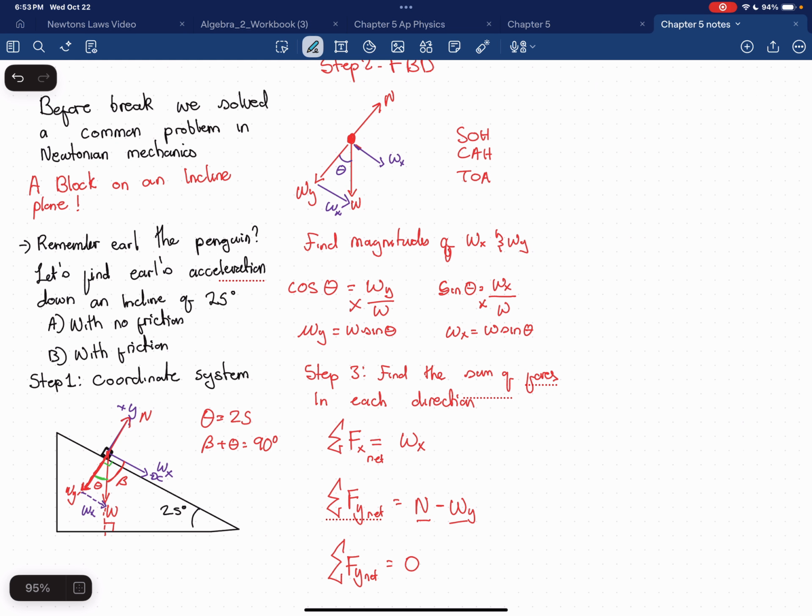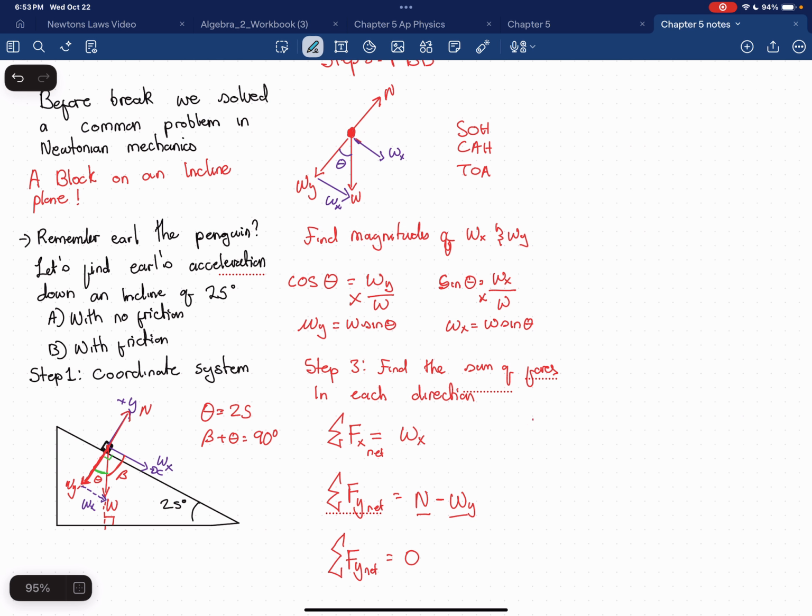what about in the x direction? Well, in the x direction, we have the weight force pointing in the direction of motion. So we can just plug in for our weight force. Let's see, we have omega sine theta, weight x. All right. Because we've seen that we're not accelerating in the y direction, we could still be moving in the y direction, but we're moving at constant velocity.